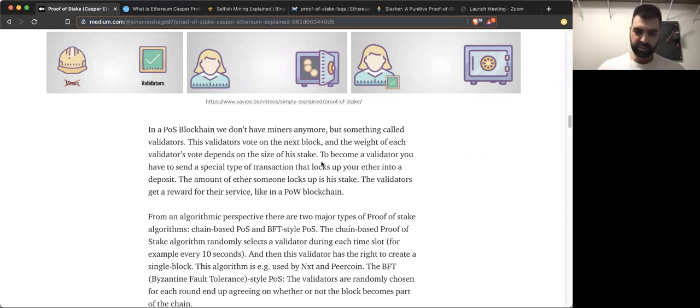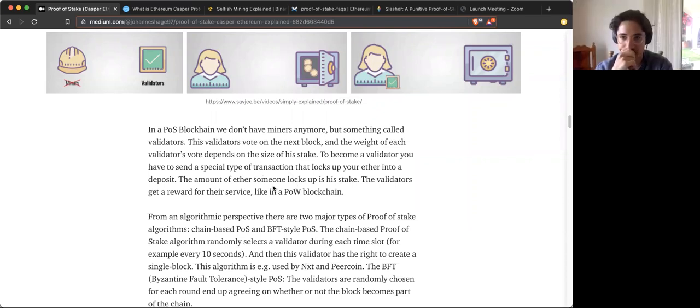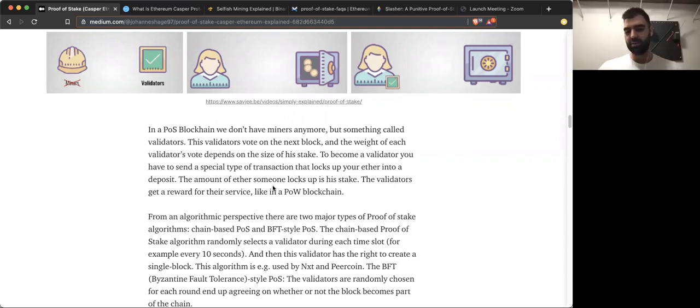I think this depends on the type of transaction that's implemented, but my naive guess is that you lock up a fixed amount of ether. Let's say there's an amount you have to lock up to be a validator.